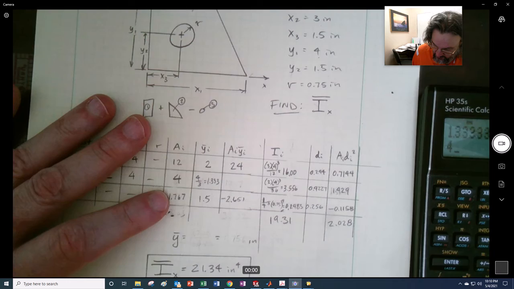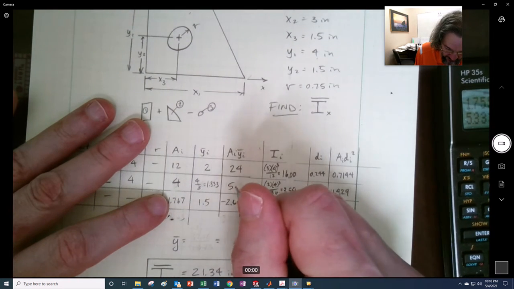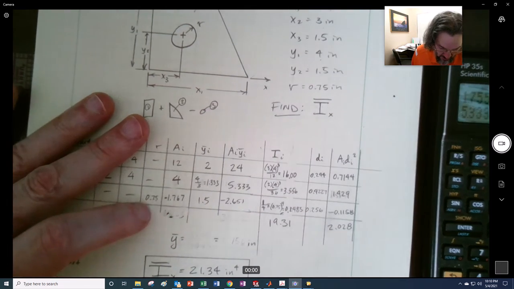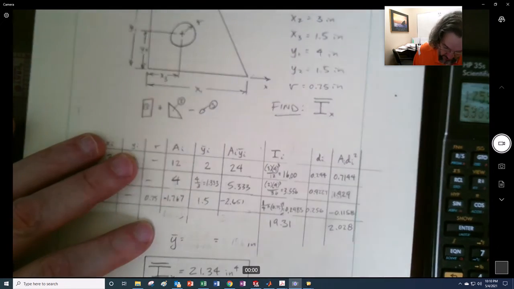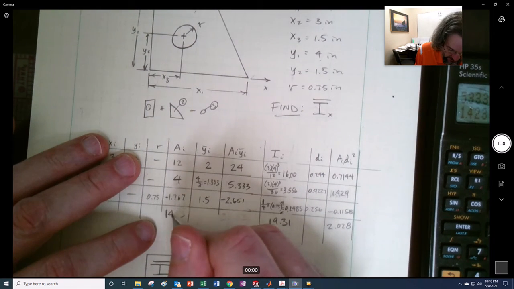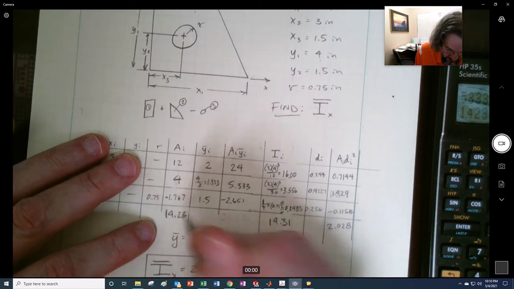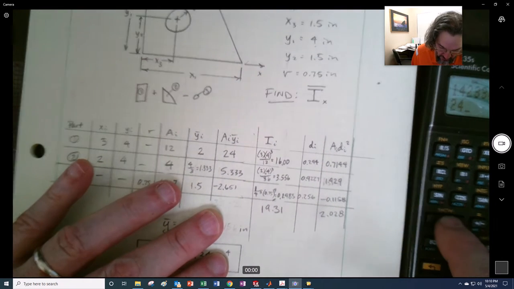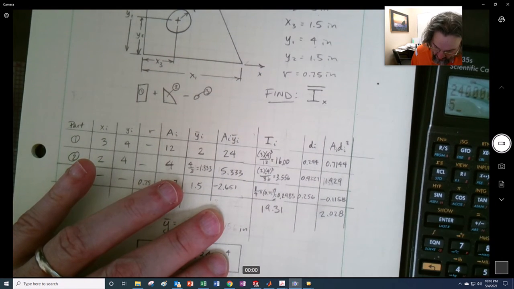So 1.333 times 4, 5.333. So let's see. So I have 16 minus 1.767. That should be 14.23. And 24 and 5.333.